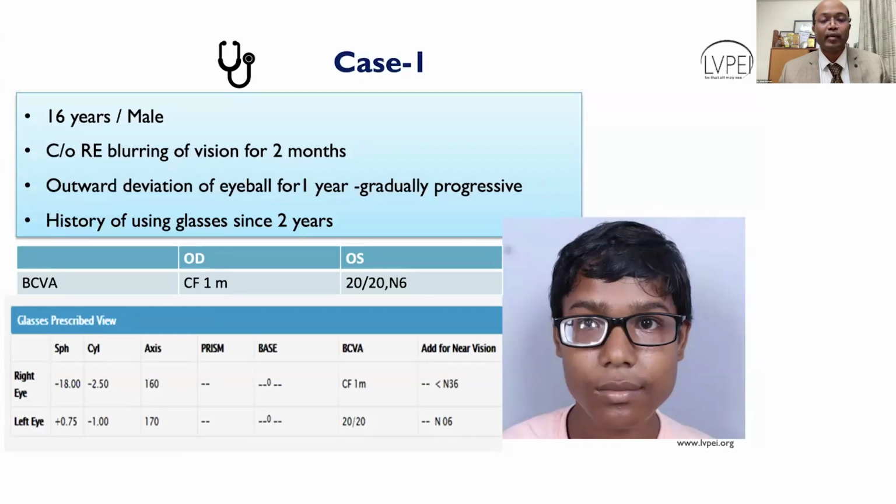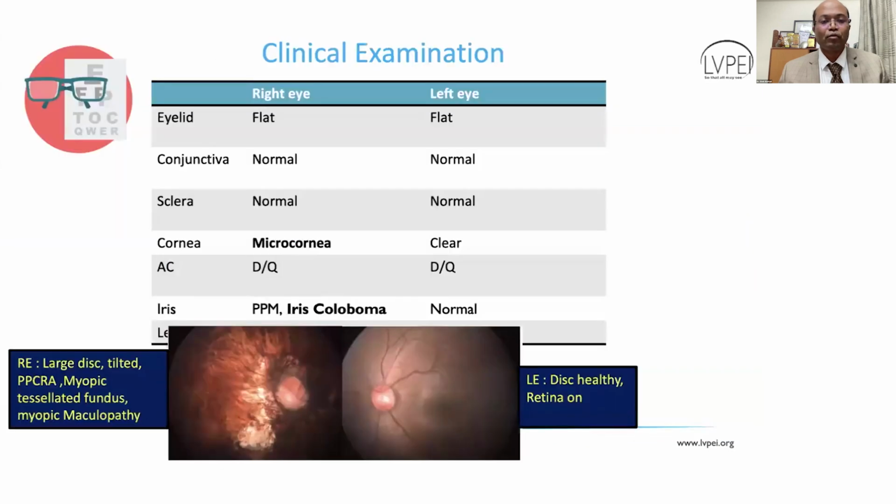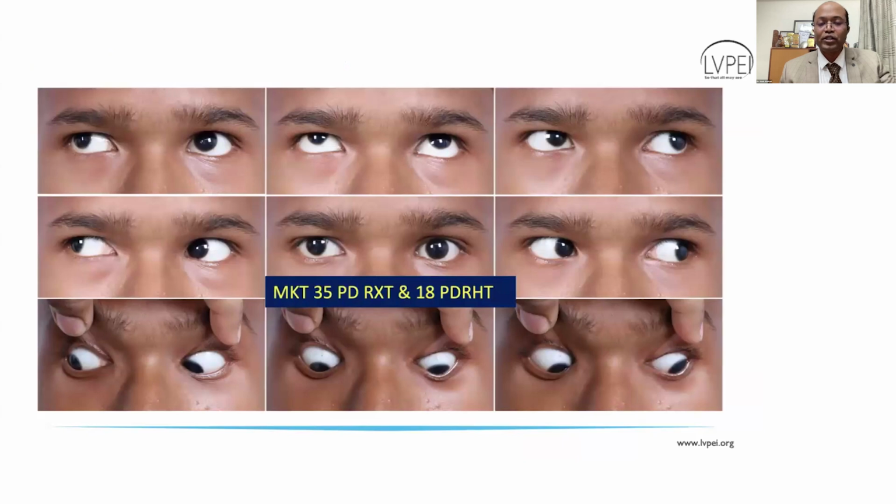You can appreciate he had -18 diopter of myopia in the right eye. The unique features of this particular case were microtropia, iris coloboma, and a very high myopic fundus. His deviation was 35 prism diopter exo, along with 18 prism diopter of right hypertropia.